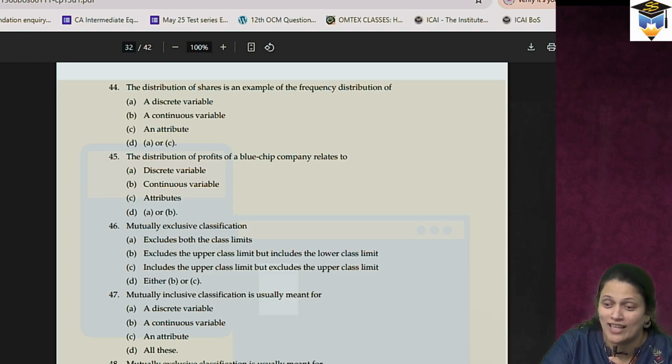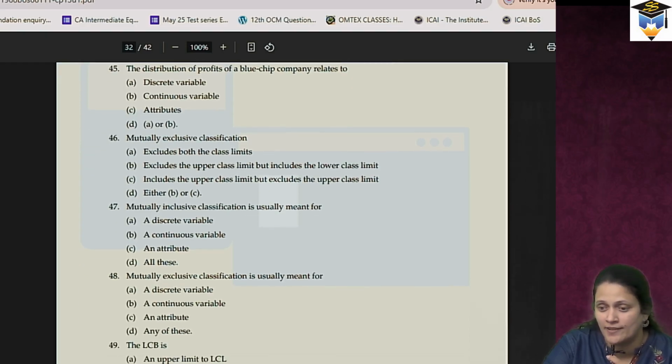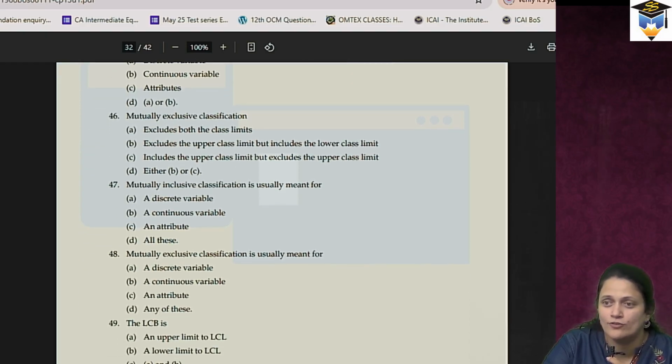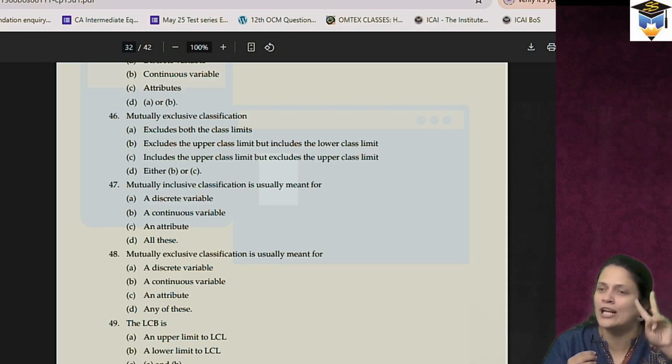Now what does mutually exclusive mean? Mutually inclusive and mutually exclusive. Mutually inclusive means what? If there are two events, both those events are mutually related to each other or dependent upon each other, that is mutually inclusive.